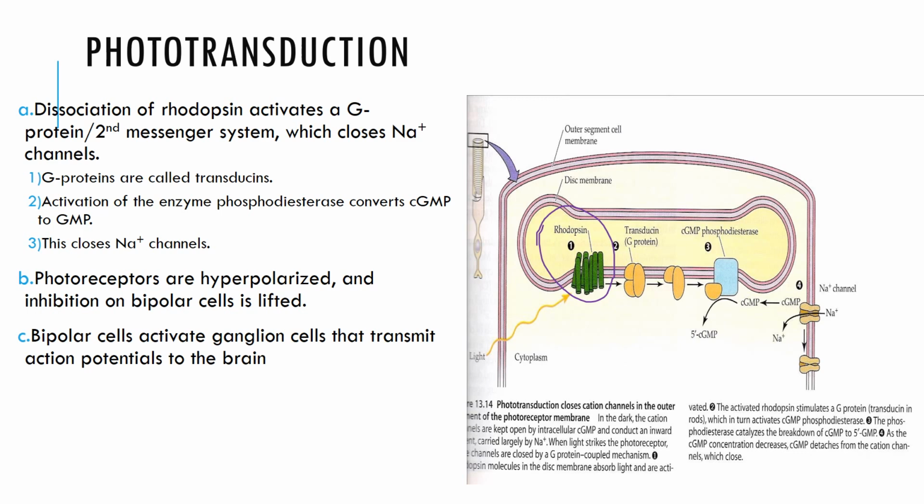When light stimulates it, we have a conformational change into transducin, which will close sodium channels. Then these photoreceptors will become hyperpolarized and will excite the bipolar cells to then generate action potentials.